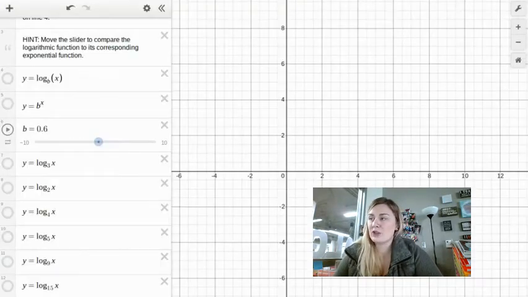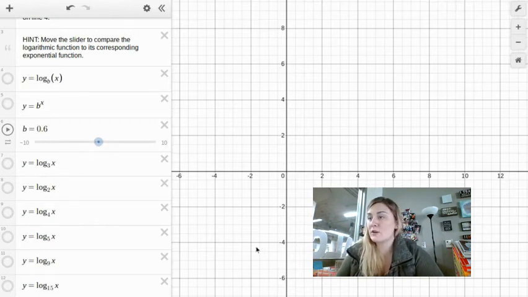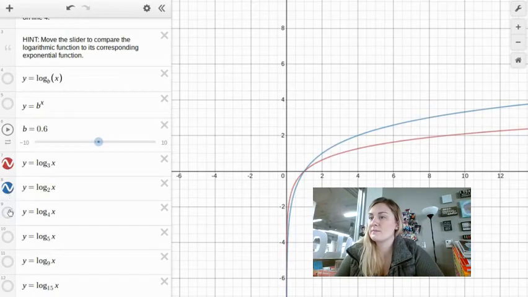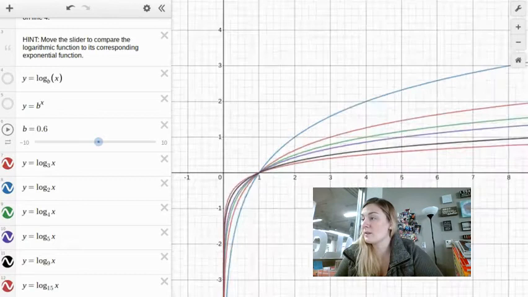The next question was, what are some characteristics that all logarithmic functions have in common? So I'm going to put a few on my graph here for you to see, and then we can start drawing some conclusions. So these are all different logarithmic functions.